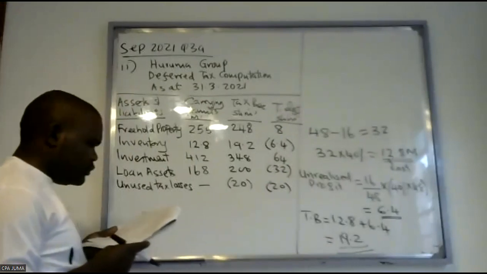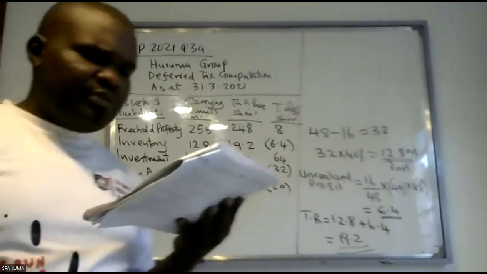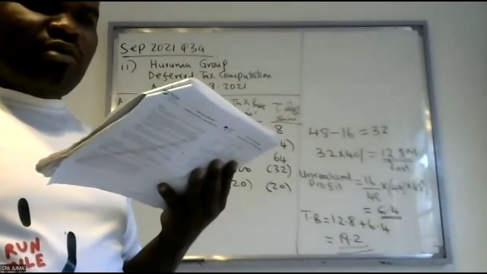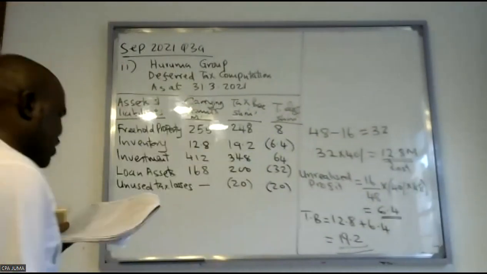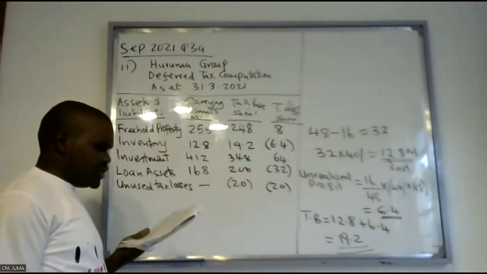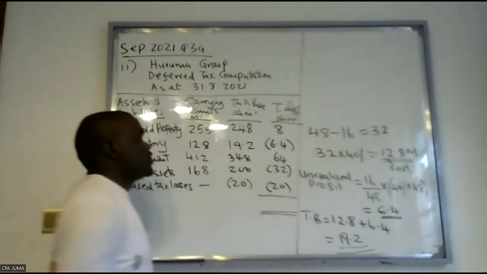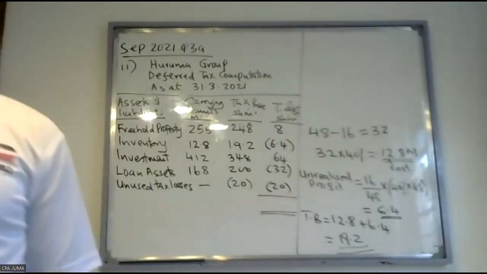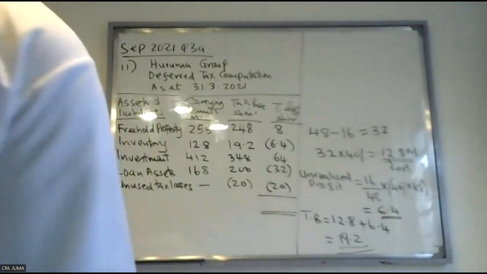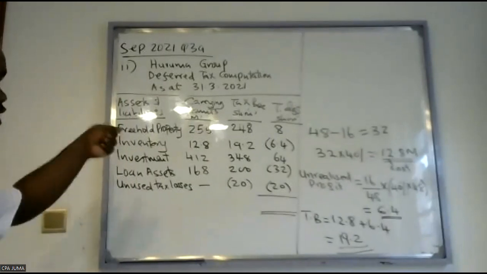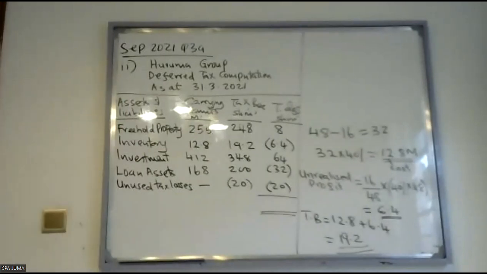Next, on 1st April, Huruma Limited's deferred tax account had a nil balance. Assume fine. So we are required to find the deferred tax liability. Give me that total. In this question, I'll tell you what is critical about it.